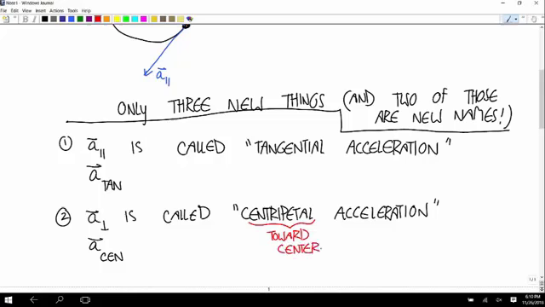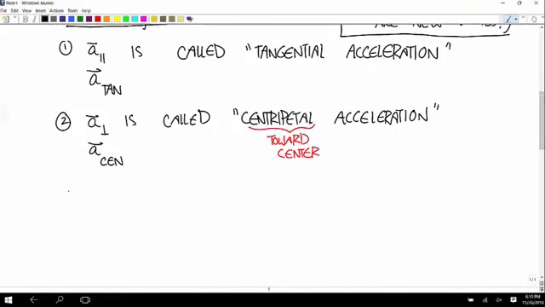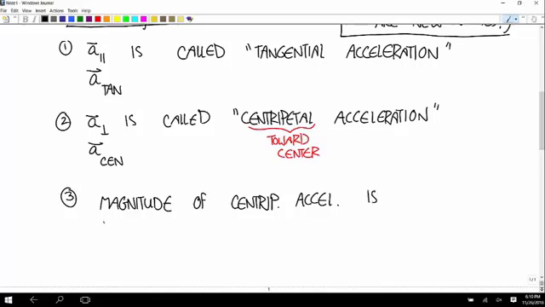Okay, so two of the three new things are just that we have to call old stuff new names. But here's the new thing that we didn't know before. The magnitude of the centripetal acceleration is the speed squared divided by the radius of the circle.